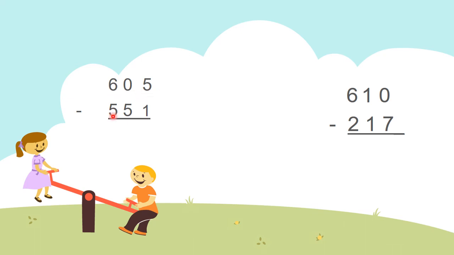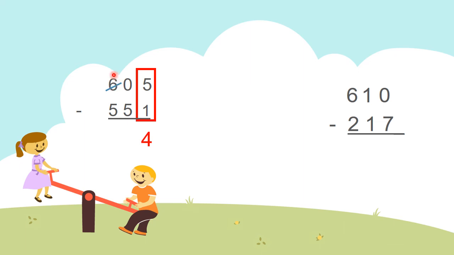605 minus 551. Start with the ones. 5, take away 1, it's 4. Yes, get out 5 on your fingers and take away 1, you will get 4. Let's go to the tens. 0 minus 5, I can't. I don't have anything, I cannot take 5. So what am I going to do?